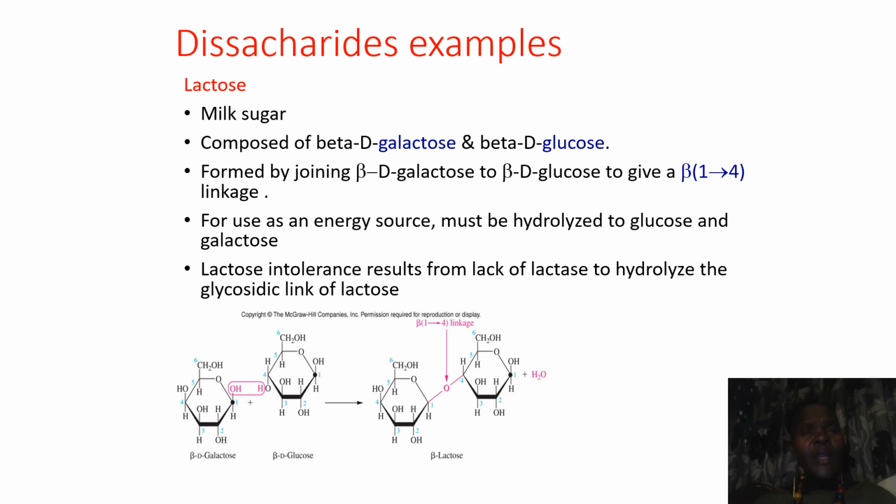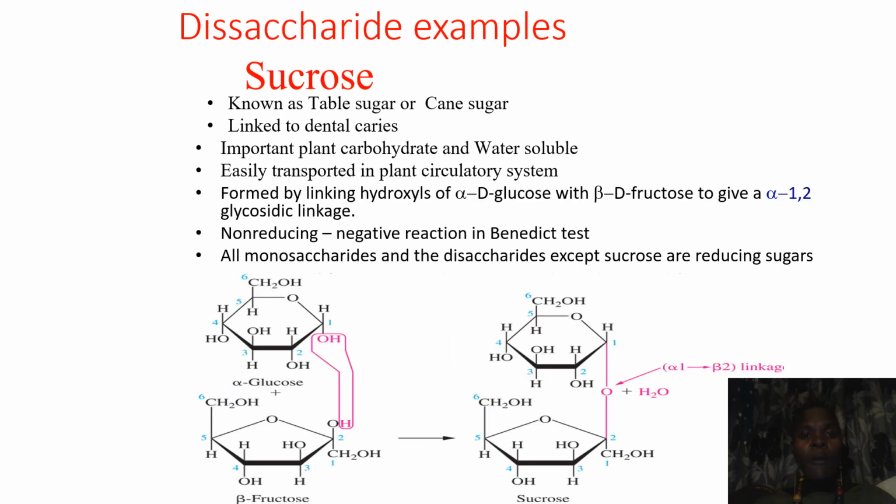So they can't break down lactose to the simple monosaccharide components, the beta-D-galactose and beta-D-glucose. So for those people who have lactose intolerance, mostly they have problems whenever they take anything which has milk in it. Because of the absence of the lactase, it can't be broken down into those simpler monosaccharide components.